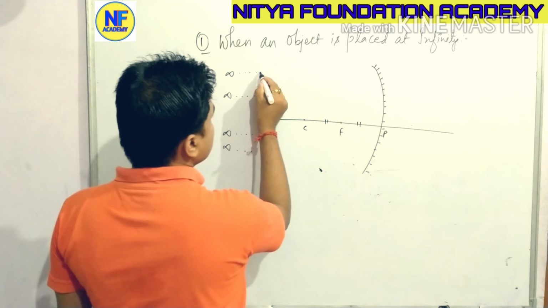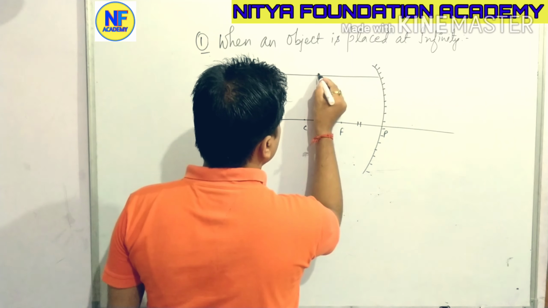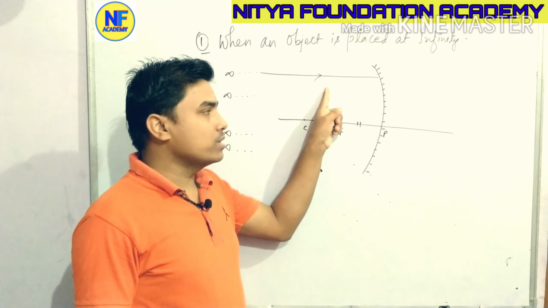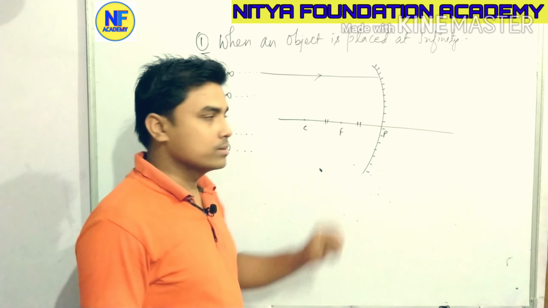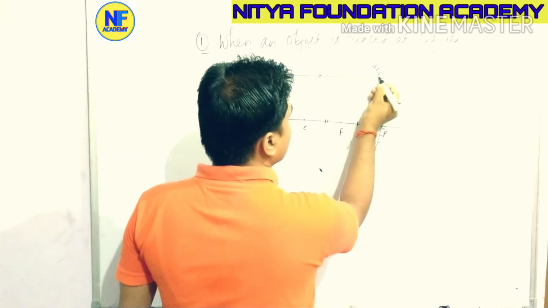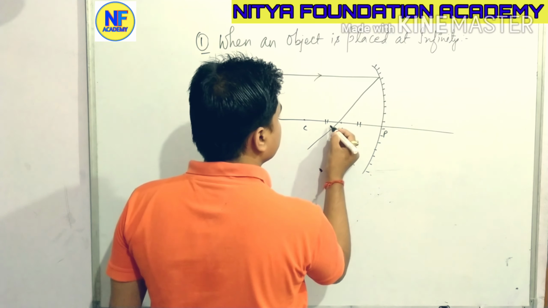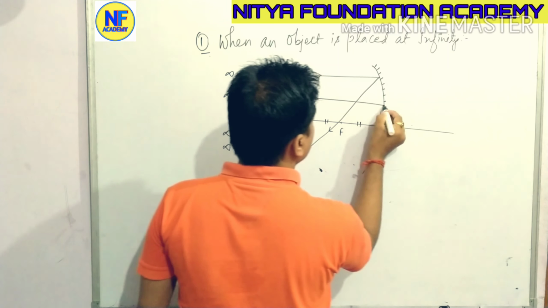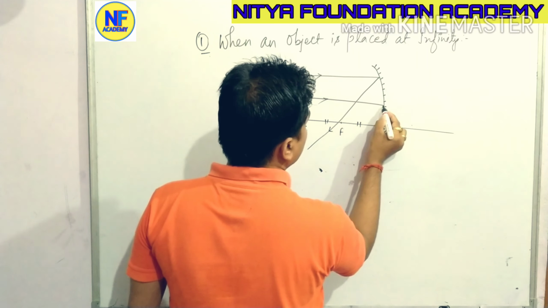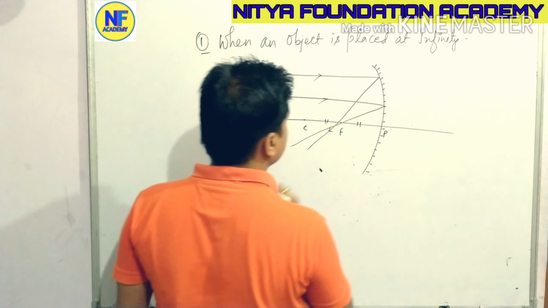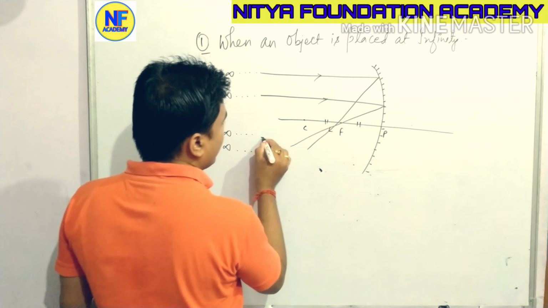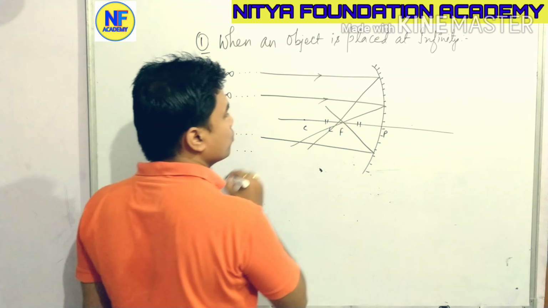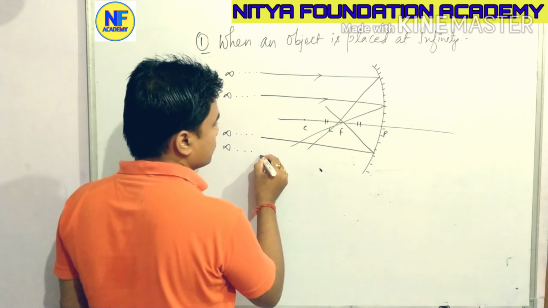Students, the first ray comes parallel to the principal axis. As I said, when an incident ray comes parallel to the principal axis, after reflection it moves through the focus. Then another incident ray which comes parallel to the principal axis also moves through the focus, and another incident ray also moves through this focus.